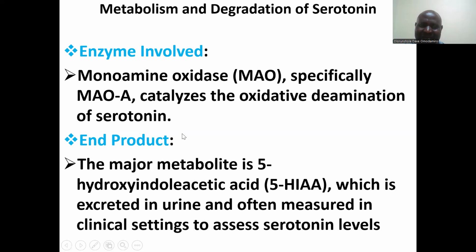And after this reaction, the end product is actually the major metabolite.